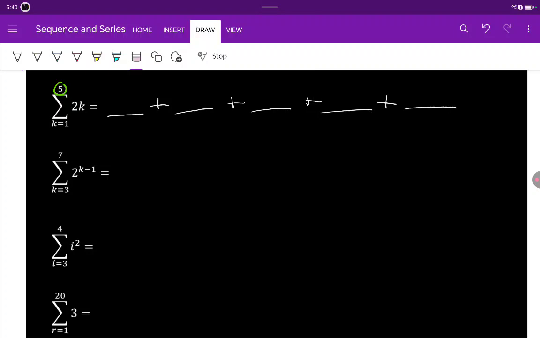At the moment, I'm doing 5, but it could be more, could be less. In this example, it's definitely 5. What goes in these place values? You are going to look at this formula, and we are going to write 2 multiplied by k, 2 times k, 2 times k.